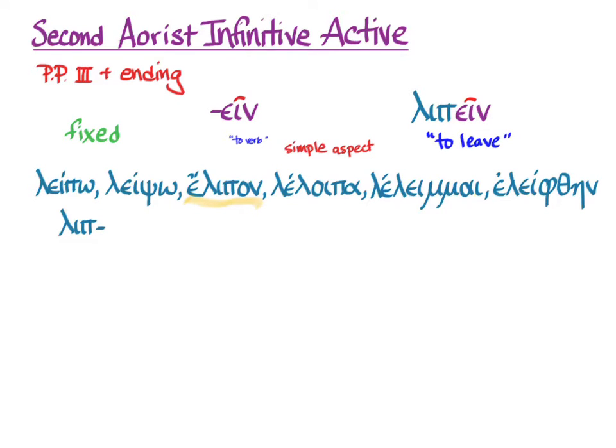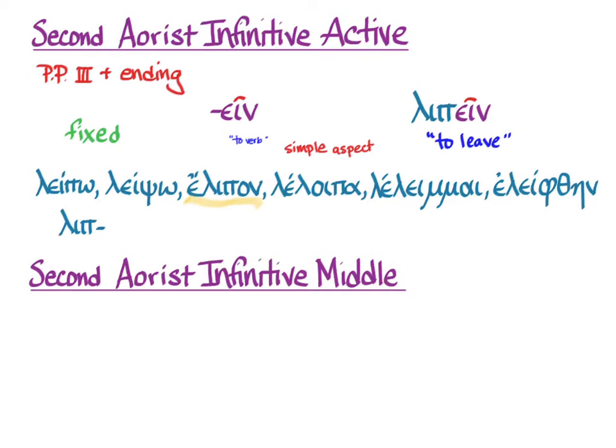That leaves for us the second aorist infinitive middle. Third principal part and the ending. And this ending again, you already know, esthai. You've simply seen it as the infinitive ending for the present, middle, and passive. Here it will only serve for the middle, and again, the accent is fixed, so you can go ahead and learn it on the ending, esthai.